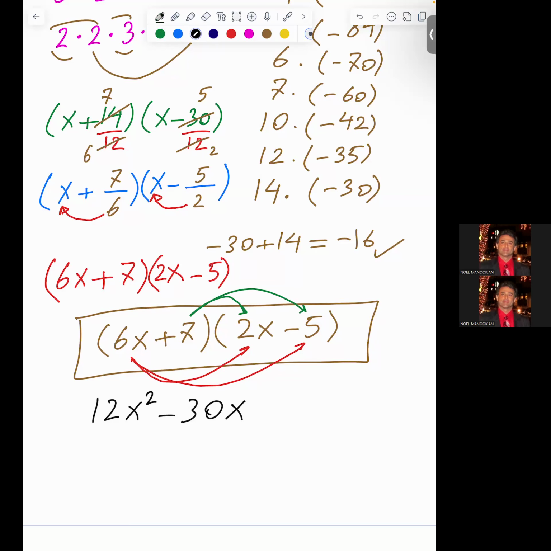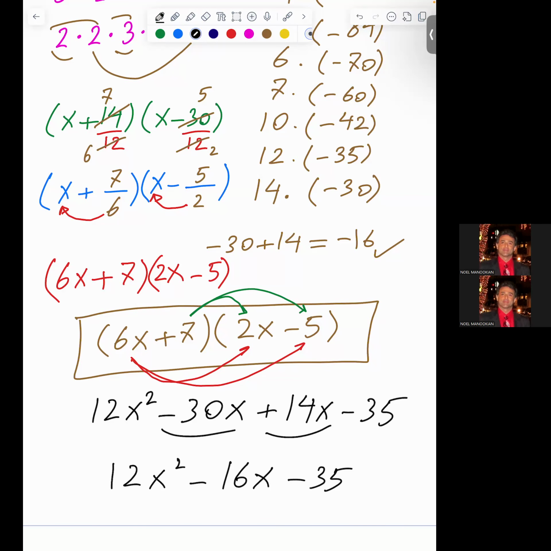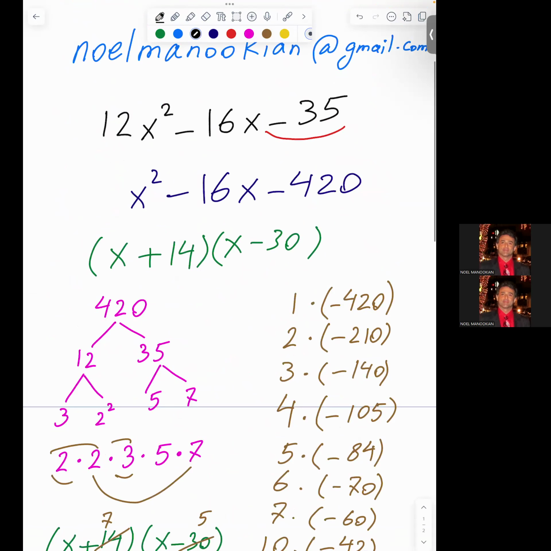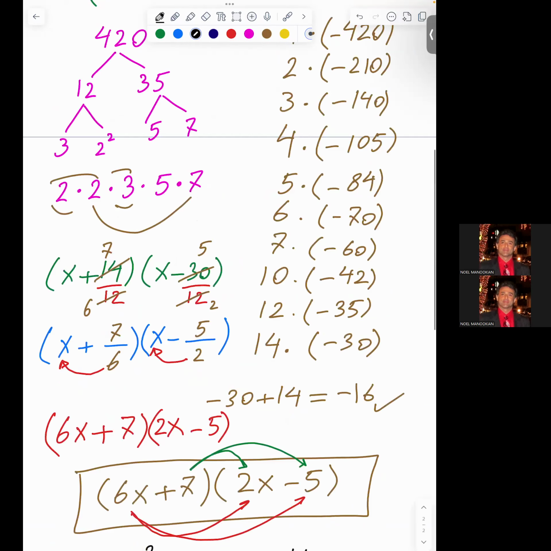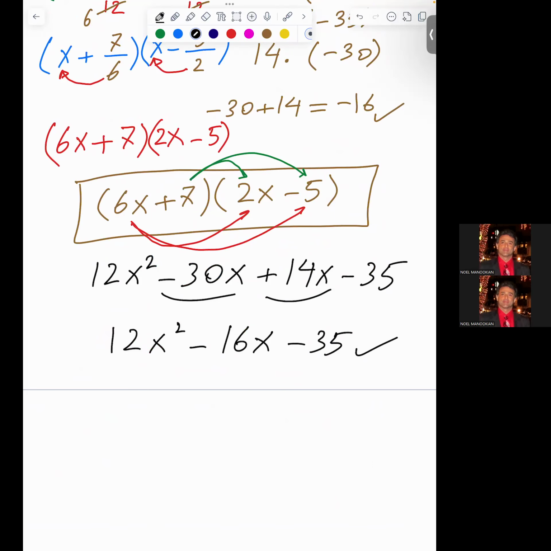That gives me 7 times 2, 14x minus 7 times 5, 35. So you're going to add like terms, 12x squared, negative 30 plus 14 gives me negative 16x, minus 35. This is the original expression that we had at the beginning, 12x squared minus 16x minus 35. So it means that this method works.